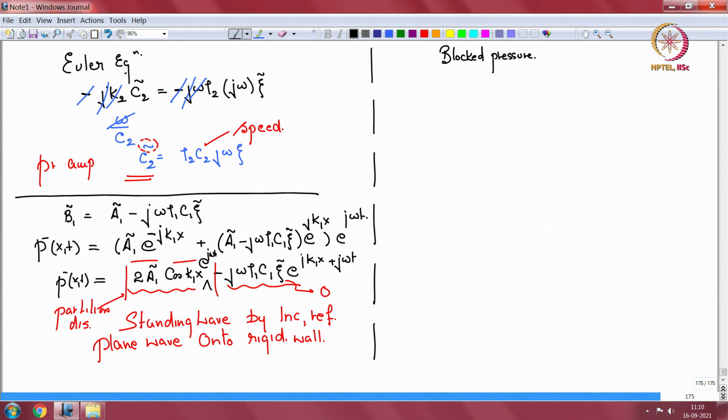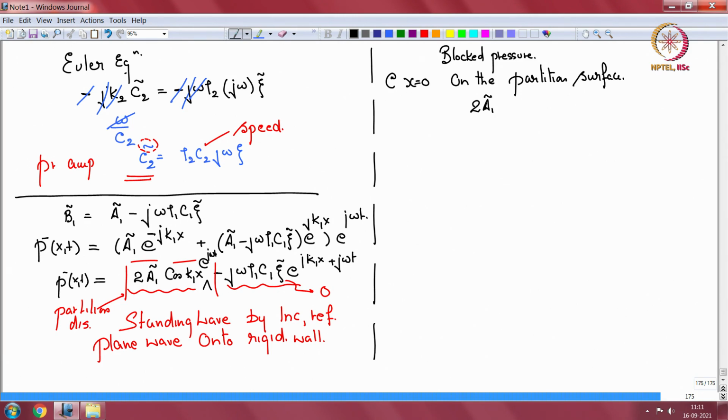Okay, and so at x equal to 0, on the partition surface, we get an amplitude of twice A1 tilde plus of course the time term.